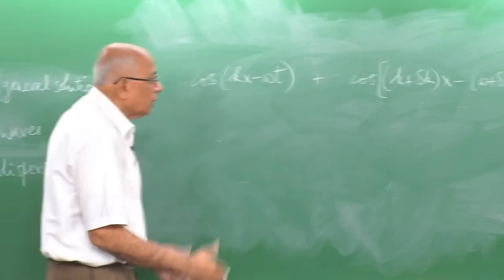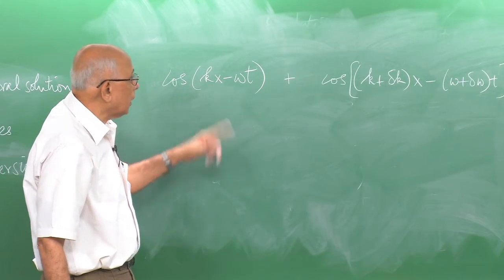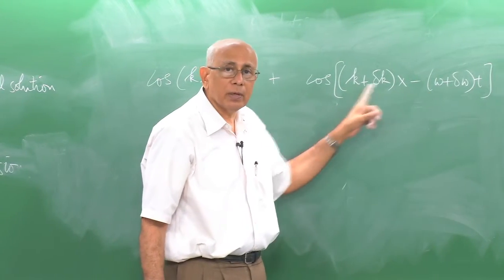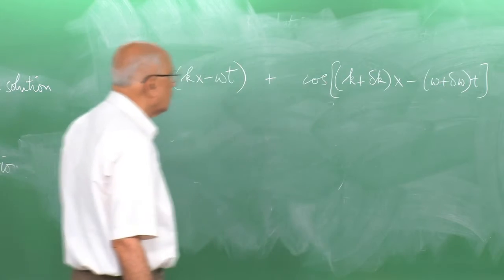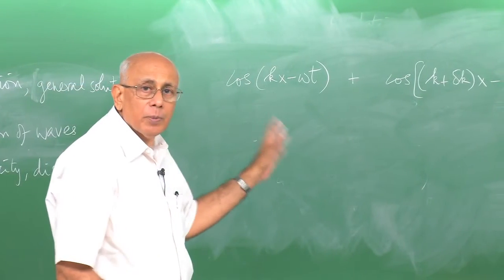So we have 2 waves, one of which travels in the x direction with a speed omega over k, and the other has a slightly different frequency and a different wavelength, or wave number. So what does this superposition give us?